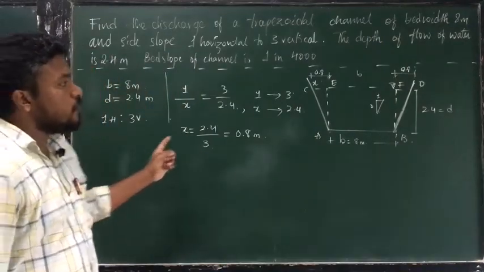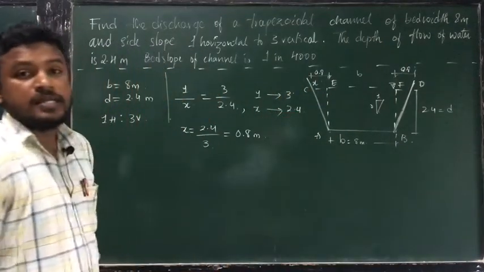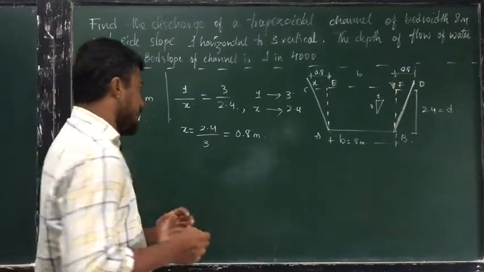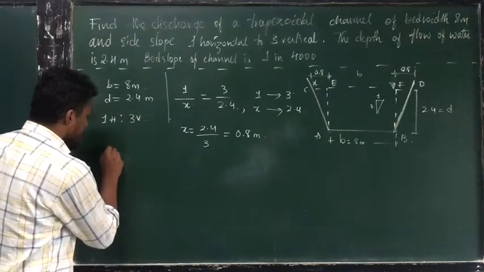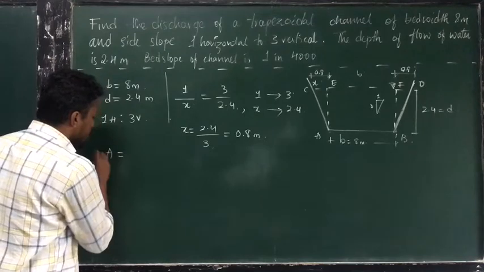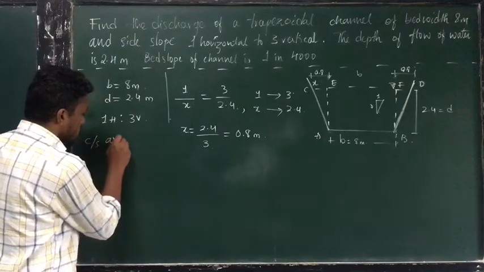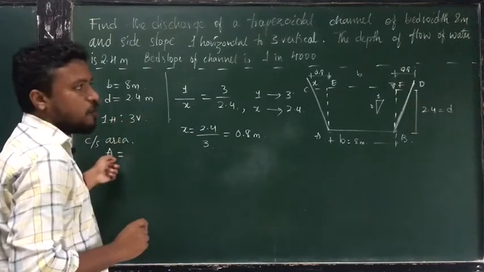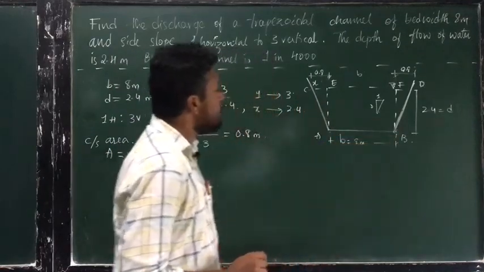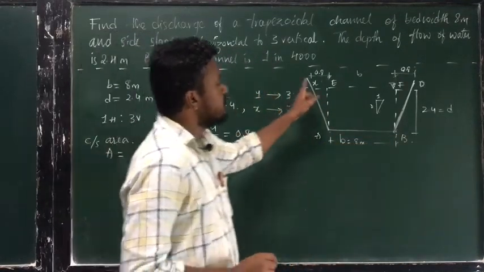Now once we know all the dimensions required, directly we can calculate area. So cross sectional area A is equal to the area of ABCD.